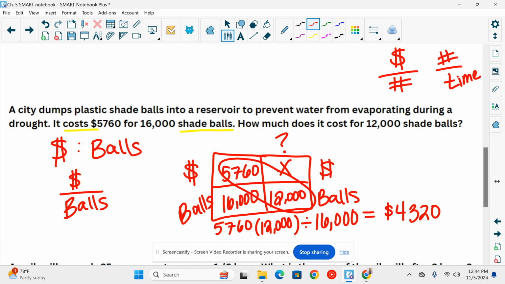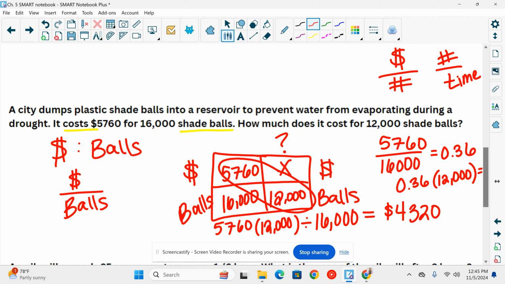He found the unit rate. He did this. Which gives you what? 0.36. That's the value or the unit rate. You can take that value and multiply it by 12,000, test it to see.